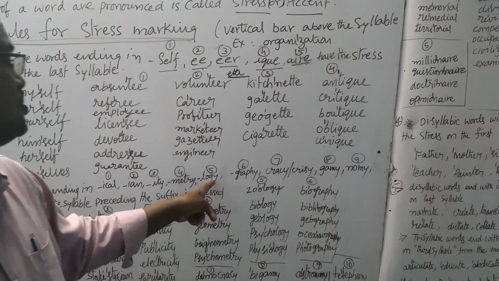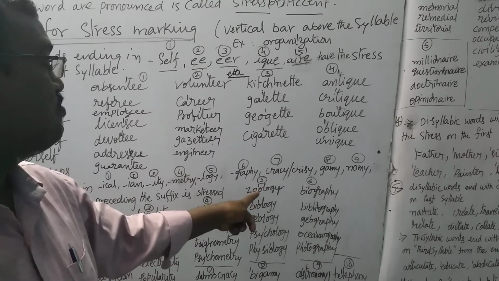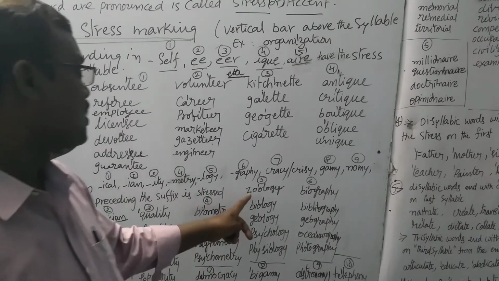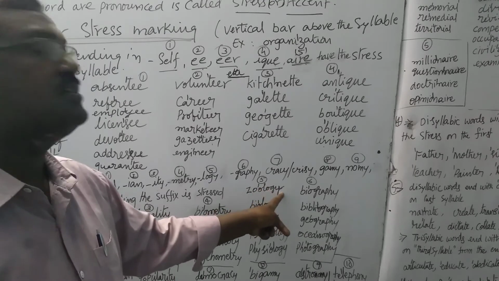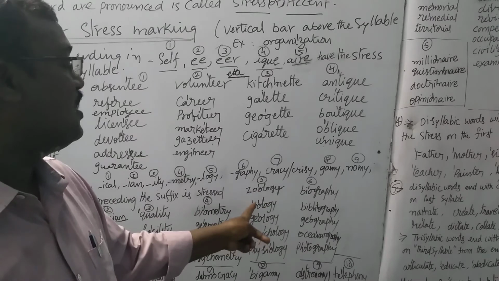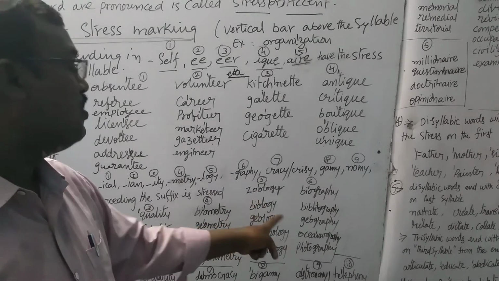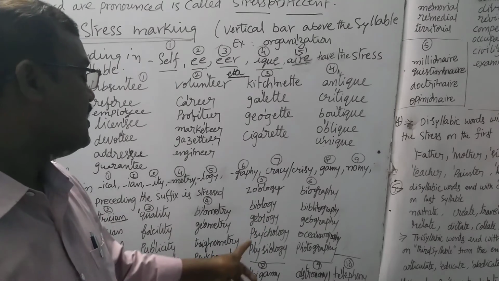Next, -ology, -logy: if you take that as the suffix, the syllable before the suffix we have to stress. Zoology, stress o; -logy is the suffix, and before that syllable is o. Biology, stress o. Geology, stress o.